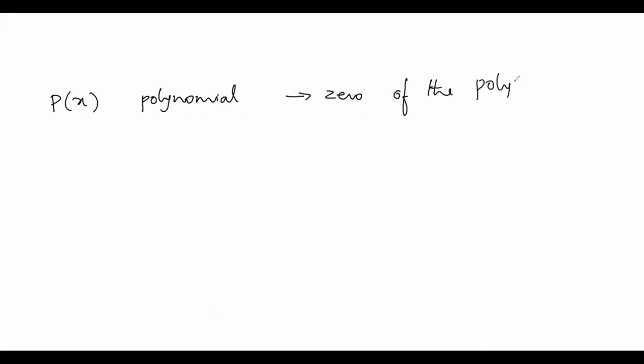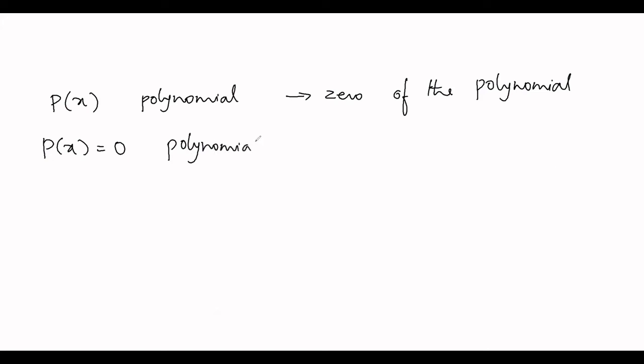Now, suppose I write only p of x, then this is a polynomial. And if you get a value of 0, you call that a 0 of the polynomial. But if I put p of x is equal to 0, then it is called a polynomial equation.